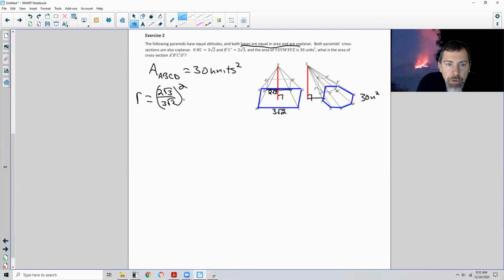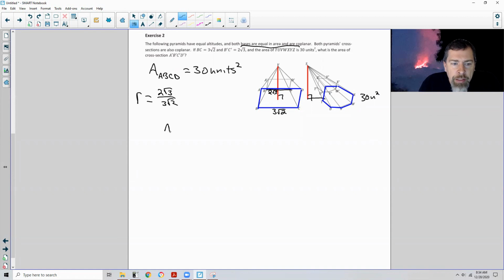And if we take those and multiply them by the area of ABCD. So let me see. Let me just leave this. Let me undo some of this. There's my R. R is 2 root 3 over 3 root 2, my scale factor.